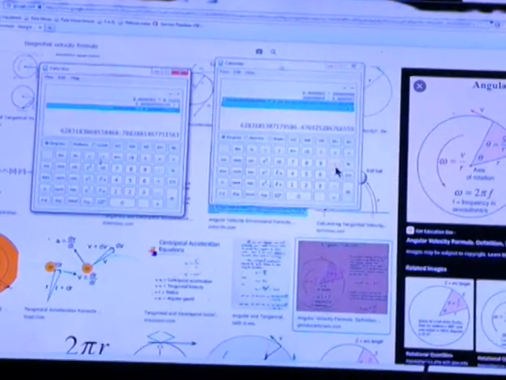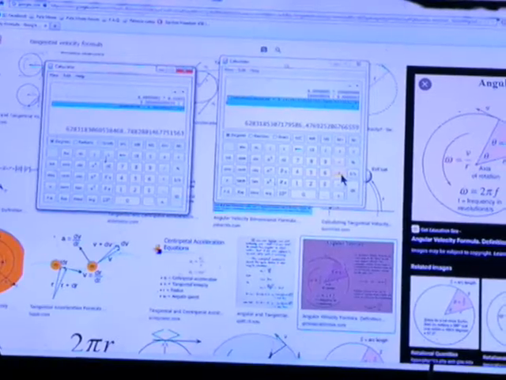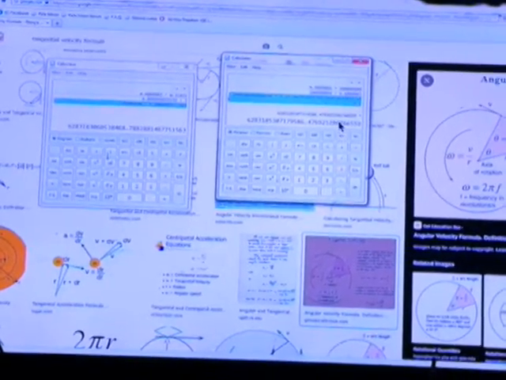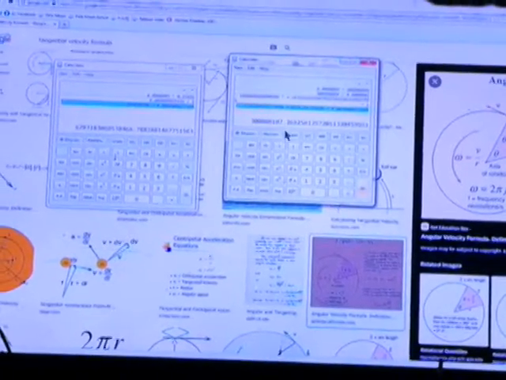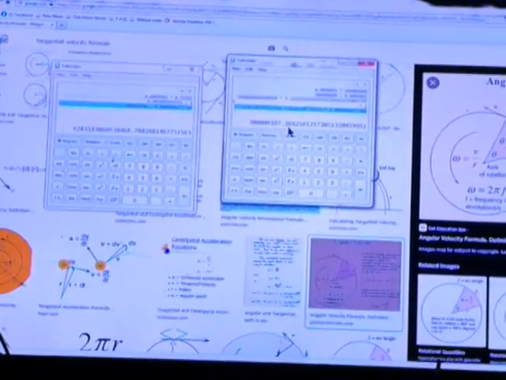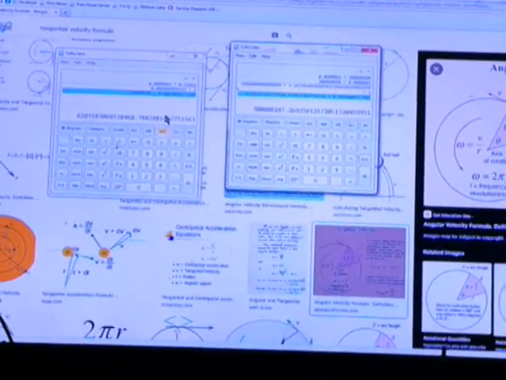So if I multiply this number over here by the radius that we just found over there, we get almost the speed of light. We get 107.269 blah blah blah over the speed of light.